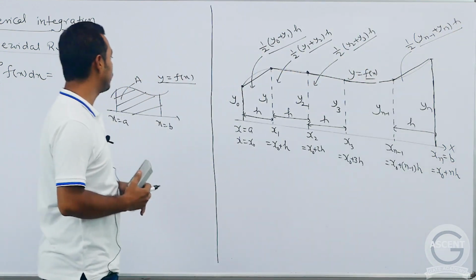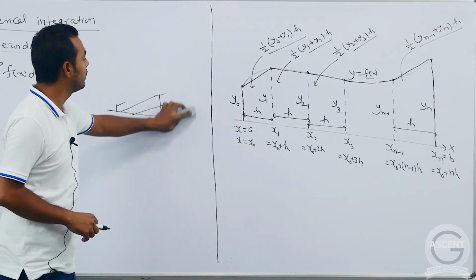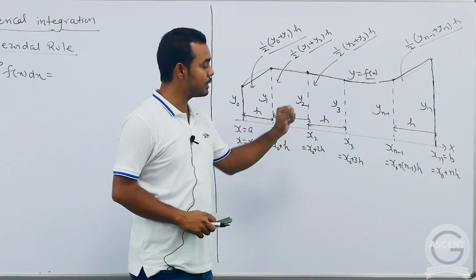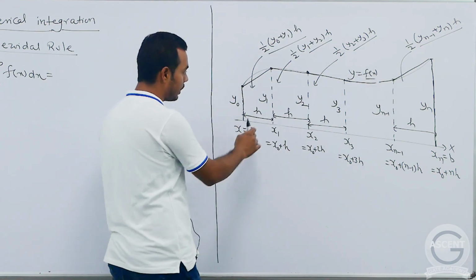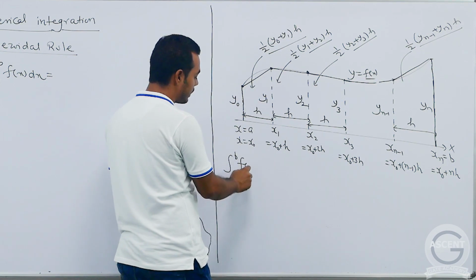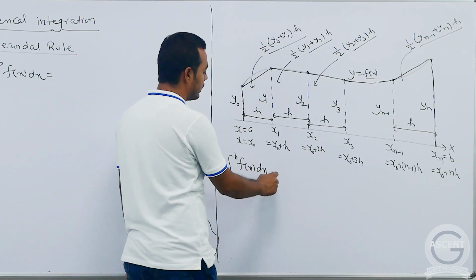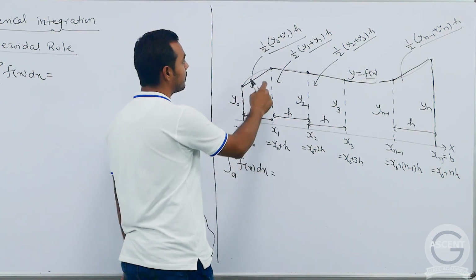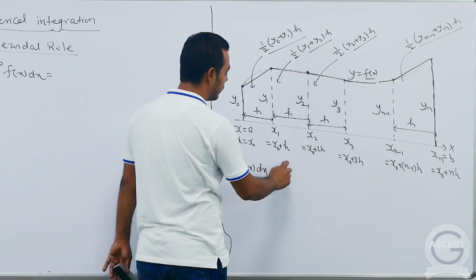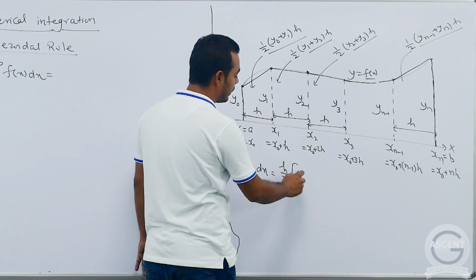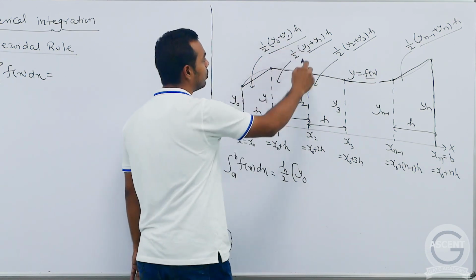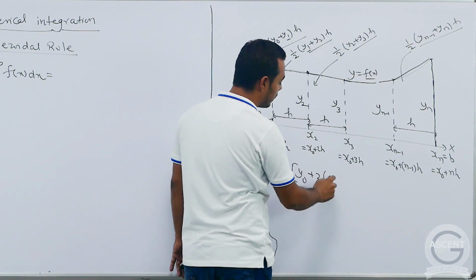So now we have to calculate the total area under the curve. This total area will be the sum of the areas of each of these trapeziums. If we add all these areas, then the value of this definite integral, integration a to b of f(x) dx, will be as follows. As you can see, you can take h by 2 common from all of these. So you will get h by 2 times y naught, then y1 you get 2 times, so 2 times y1.